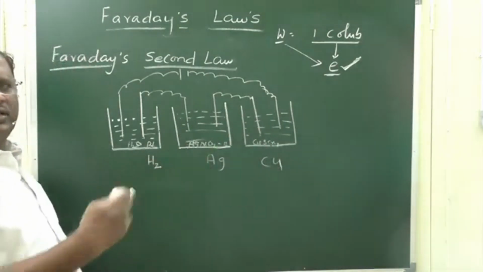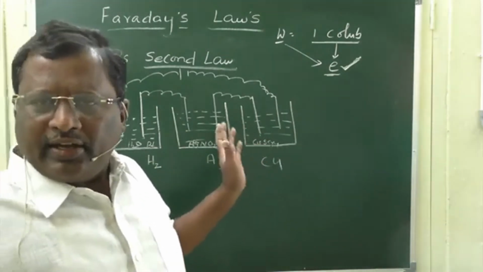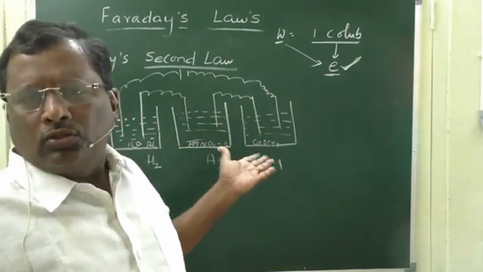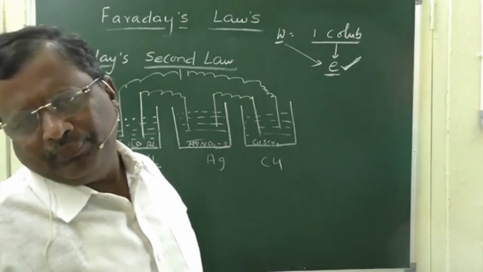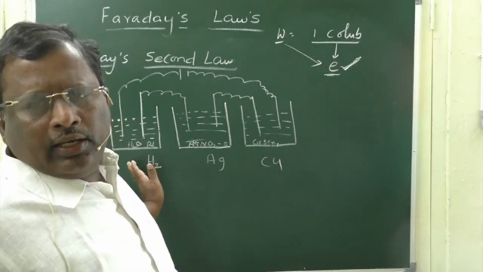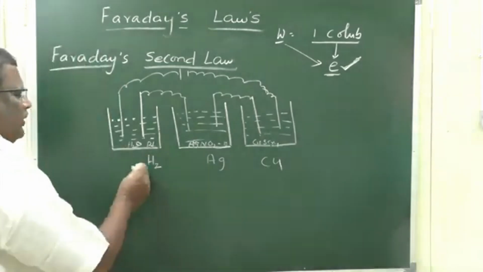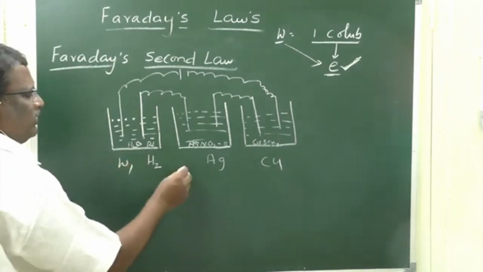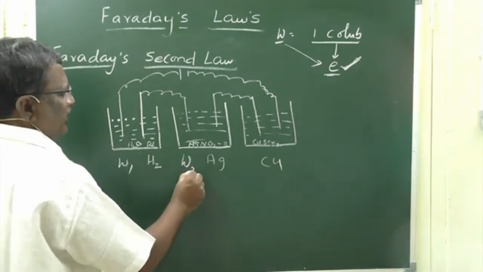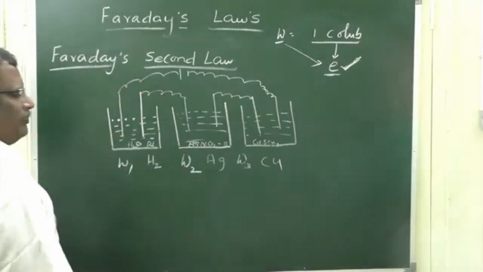I am not discussing the substances liberated at the anode, because the anode also follows the same law. Let the weight of hydrogen liberated be W1, the weight of silver be W2, and the weight of copper be W3.